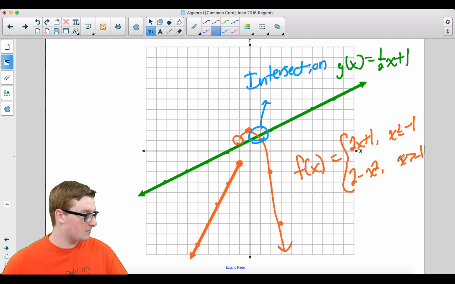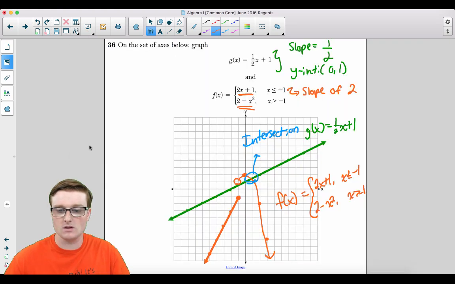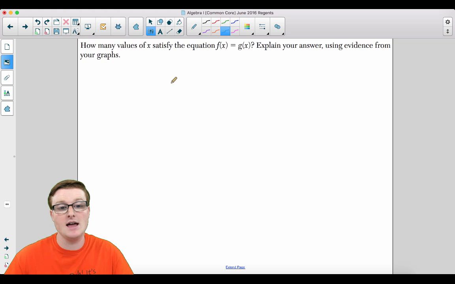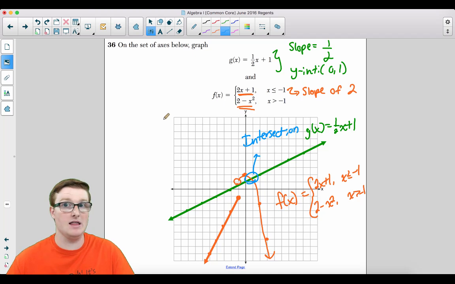All right, so now from here, that's it. And it says a follow-up question: how many values of x satisfy this equation? Explain your answer using evidence from your graph. Well, there's only one intersection point. That's it.